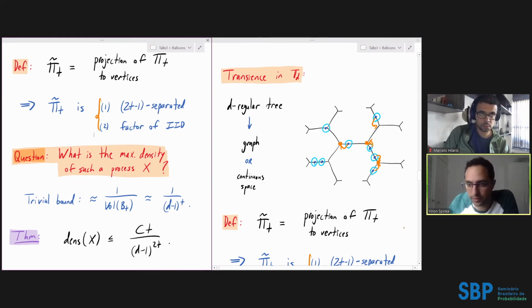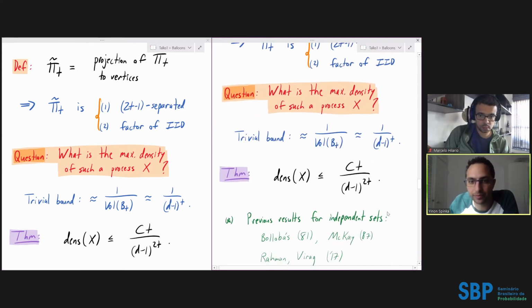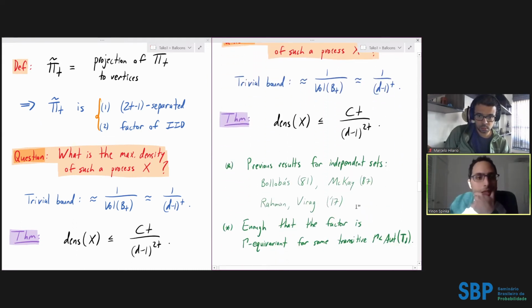Okay, so let's see how this gives the result for transience in a tree. Yes, I should just say that this relates to previous results of Bollobás, McKay, and Rahman and Virág, who looked at the case of independent sets, which is like t equals 1 on regular trees.